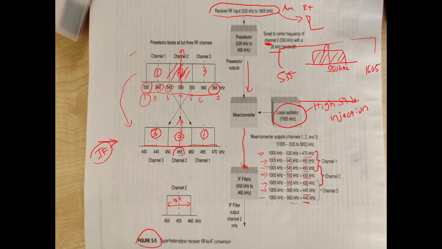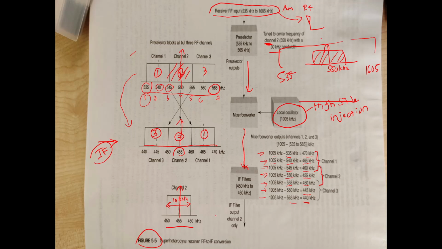The bandpass filter must have a bandwidth of 10 kilohertz so that it can select only channel 2, a single channel. In this example, we tune to 455 kilohertz, and the IF filter has a bandwidth of 10 kilohertz, so it will select only this portion of the channel.